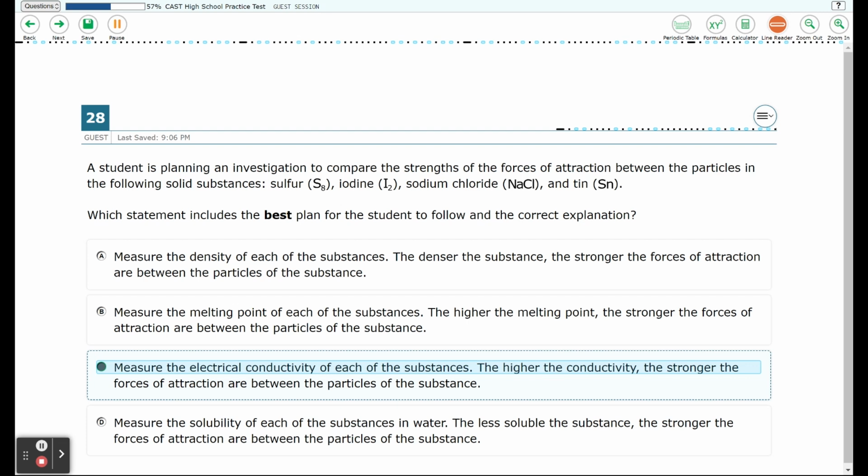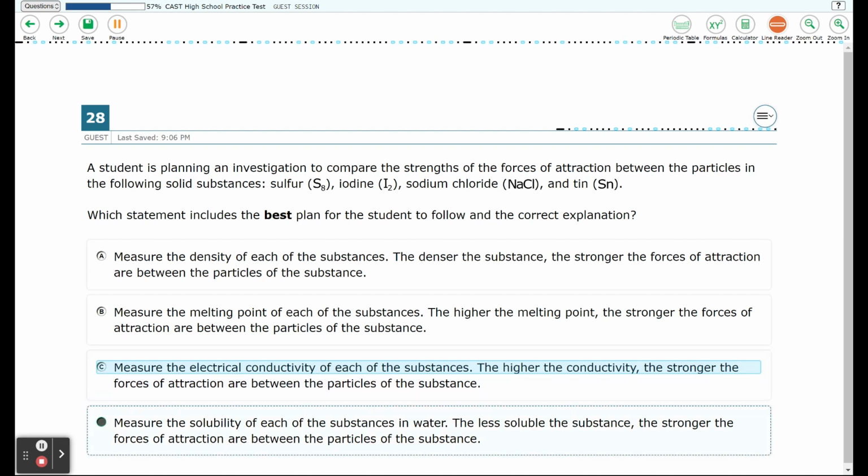The higher the conductivity, the stronger the forces of attraction are between the particles of the substance. D. Measure the solubility of each of the substances in water. The less soluble the substance, the stronger the forces of attraction are between the particles of the substance. Go ahead and pause the video and mark your answer now.